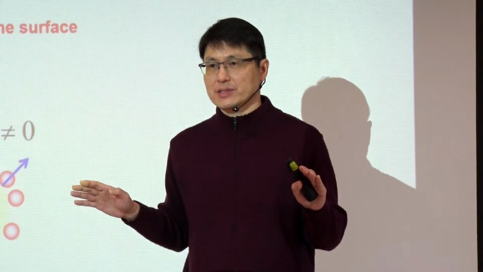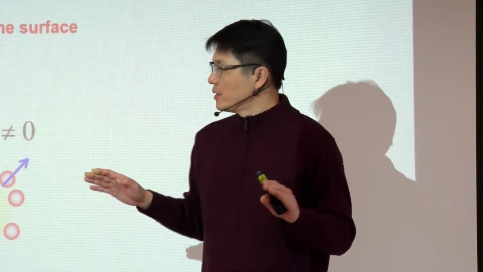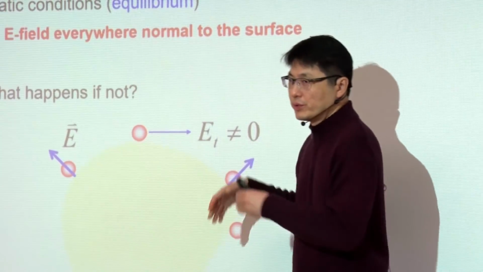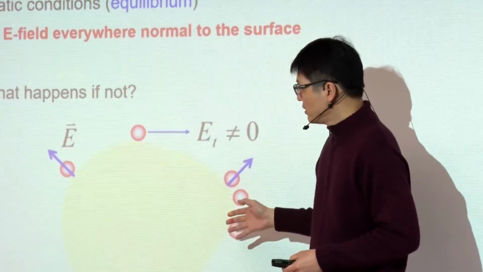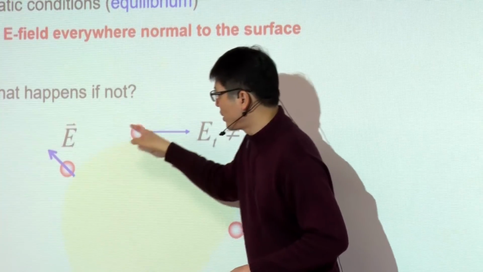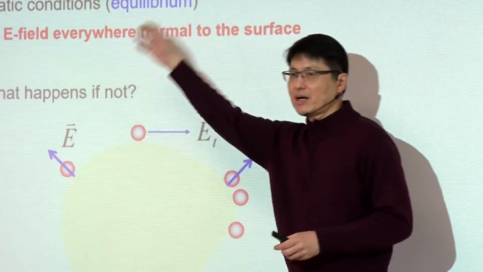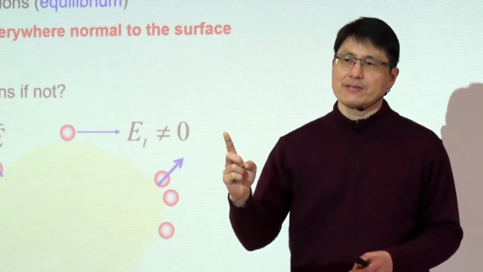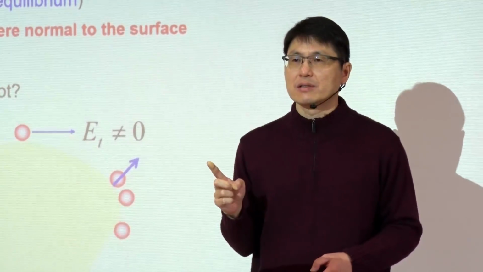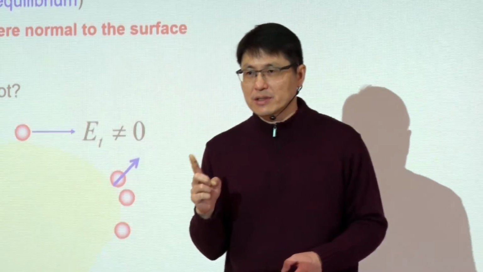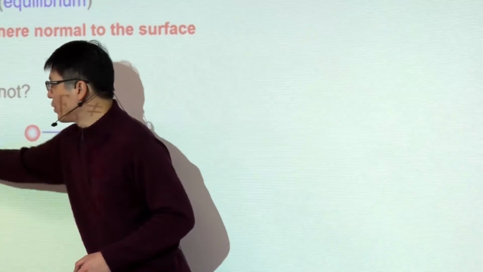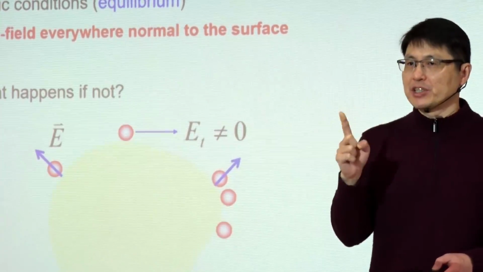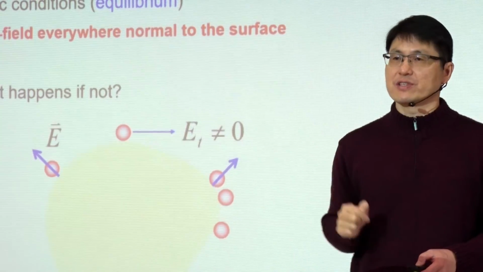So for perfect metals, if you know the geometry of your metal, and somehow you have charges spread out on the surface, the only way you can have E field lines is they all point in the direction perpendicular to the local surface.